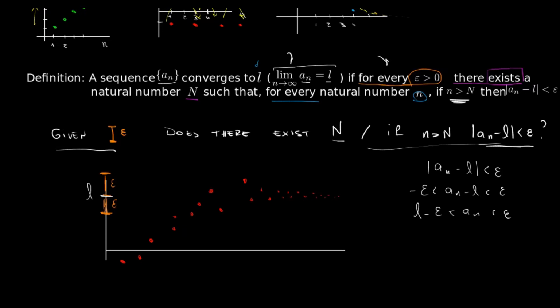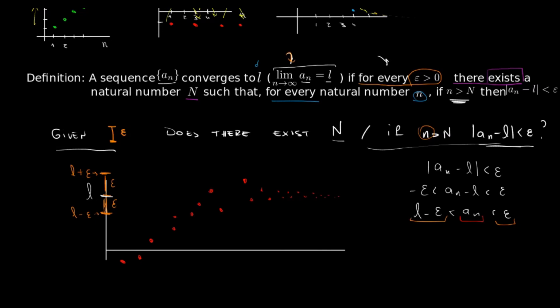So now these points are L plus epsilon and L minus epsilon. So what we want to see is if our sequence is between these two numbers, for every n that's greater than some N we have to find. If this happens, then we can say this limit exists.